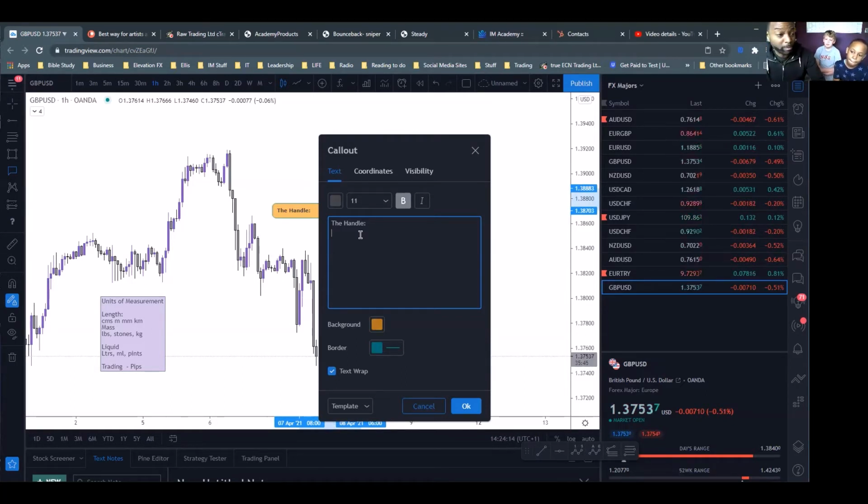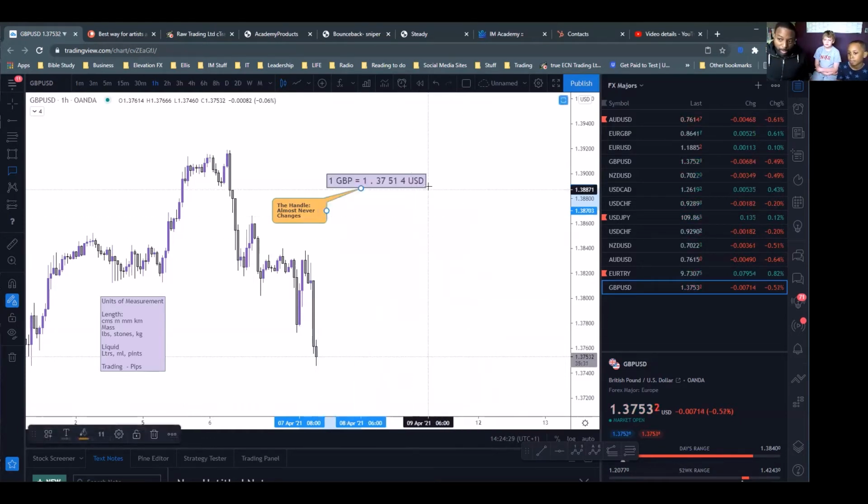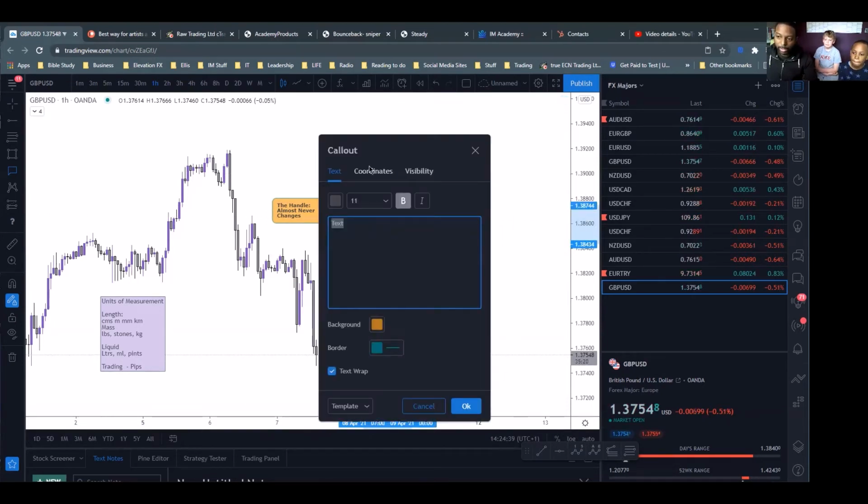So the most important thing to know about the handle is that it almost never changes, because it's the start, the main bit. It's the biggest number. And in order for the handle to change, all of these little small numbers have got to change and go up the root of the tree, right? Like the trunk. That's a good way to think of it, the trunk of the tree.